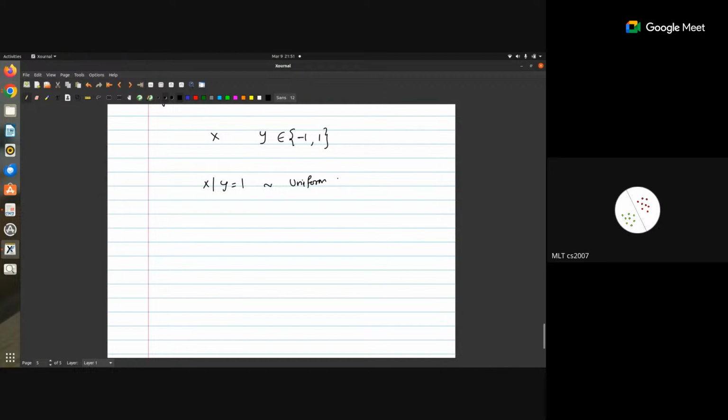And x given y equals minus 1 is uniform between 2 and 4.